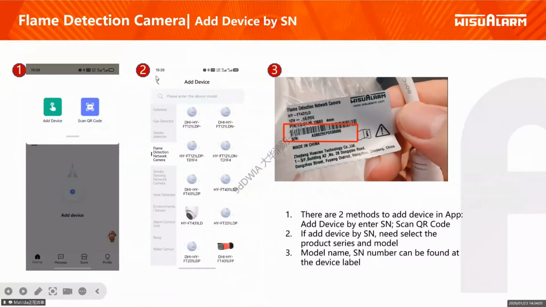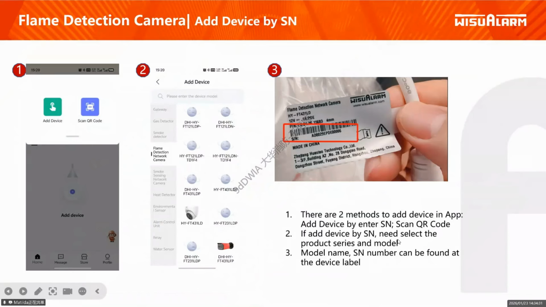And we also can add our camera on the Wisualarm app. There are two methods to add devices on our app. We can add the devices by entering the SN code, and also can scan the QR code. If adding the devices by SN, we need to select the product series firstly, and also select the product model.